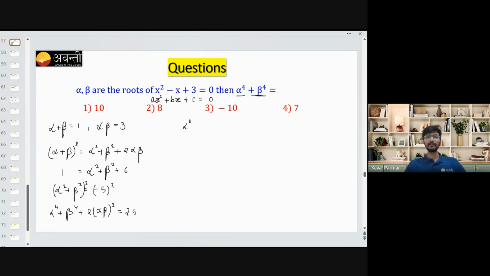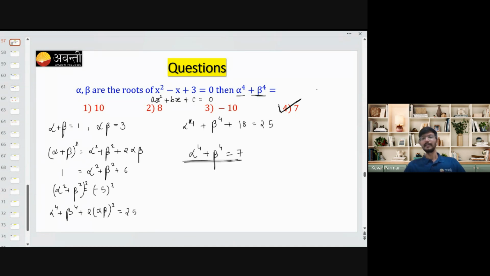So from here we get alpha raised to the power 4 plus beta raised to the power 4 plus, alpha beta is 3, this is 3 square, which is 9, equals to 25. So simply, very easily, we get alpha raised to the power 4 plus beta raised to the power 4 as 7. So it's option number D.